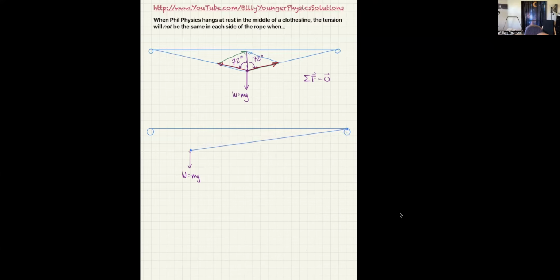The program drawing it neater was a bit of a problem there, but now I fixed it. And now I'm going to draw another clothesline coming from Phil Physics to the clothesline hanger. So it's going to be like that.